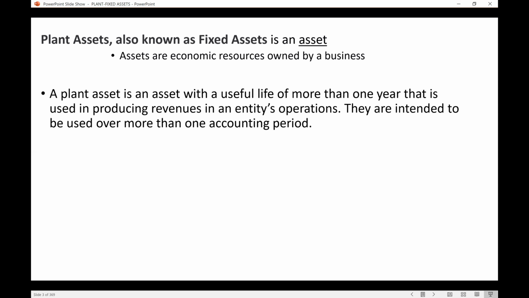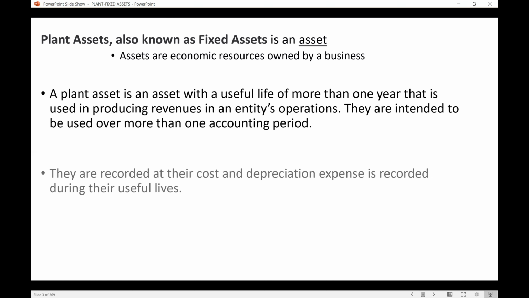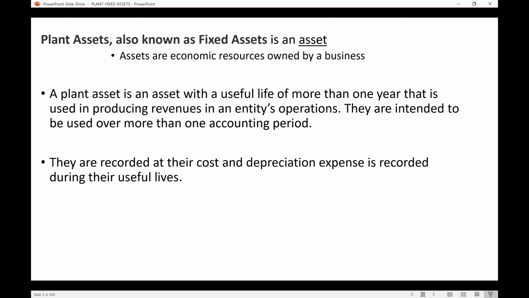They are intended to be used over more than one accounting period, right? They're recorded at their cost, and a depreciation expense is recorded during their useful lives.